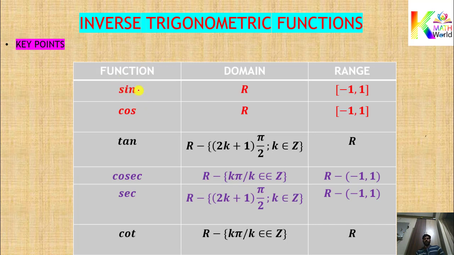We know that for the sine and cos function, the domain is R, while the range is closed interval -1, 1. Same way, the range for tan and cot function is R, that we have seen last year, while for the function cosec and sec, the range is R minus open interval -1, 1.